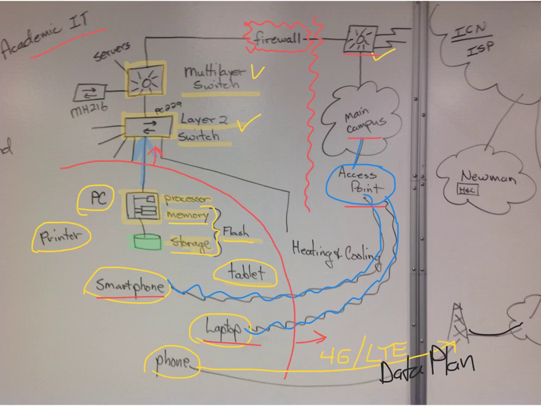Tower connects in the cloud, which connects back in the internet. NIAC, we connect in. This represents some type of WAN connection. We connect in through the Iowa Communications Network, which is our ISP, Internet Service Provider.